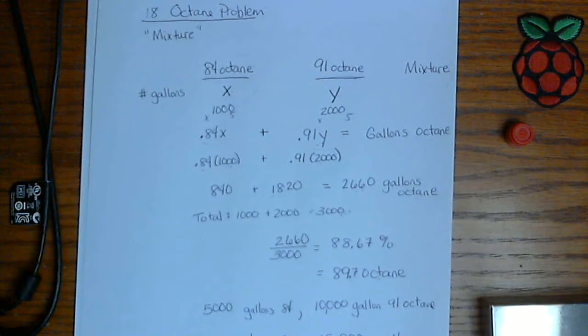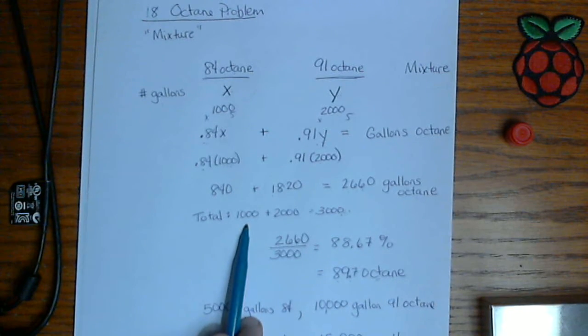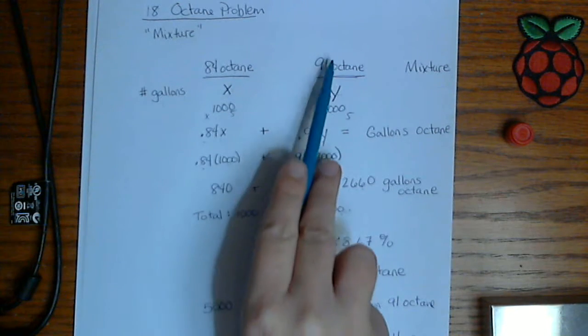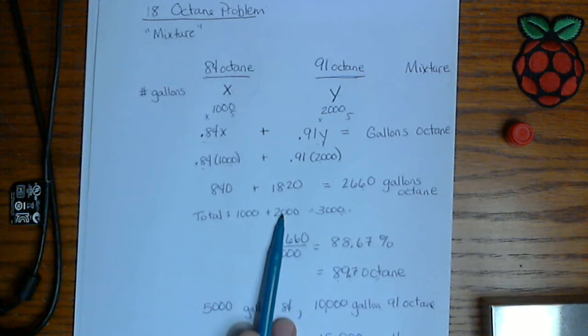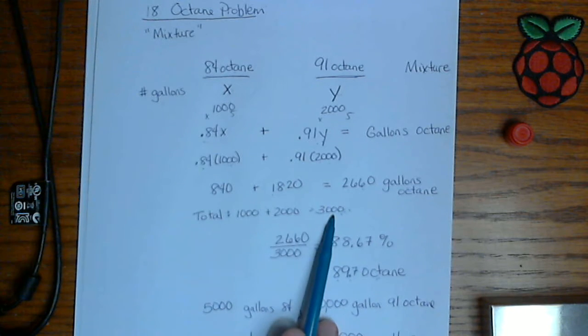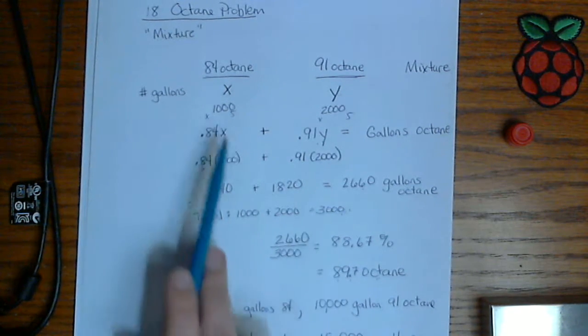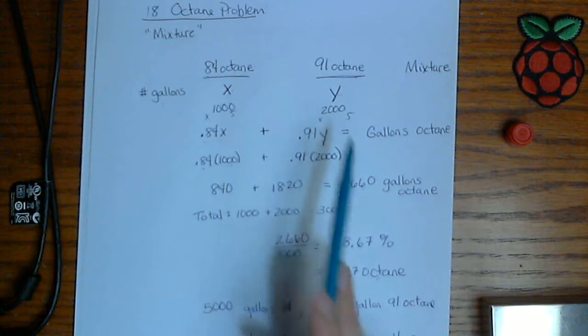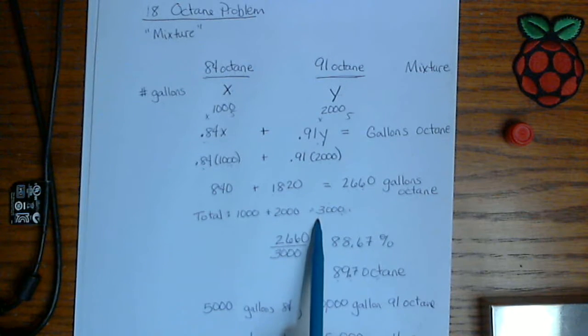How did I figure that out again? I knew that 89.7 octane was found by taking 1,000 gallons of this one and 2,000 gallons of that one. So if I needed not 3,000 but 15,000 gallons total, I'm going to have to multiply each one of those by 5, because 3,000 times 5 will give me 15,000.